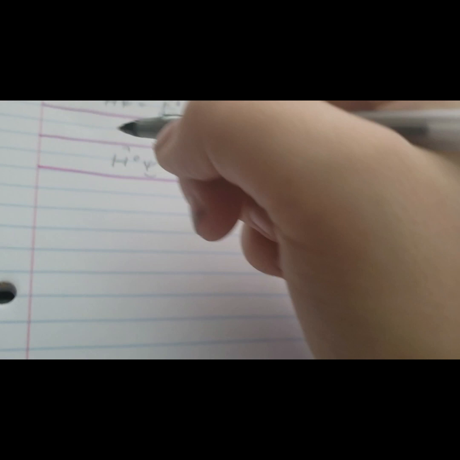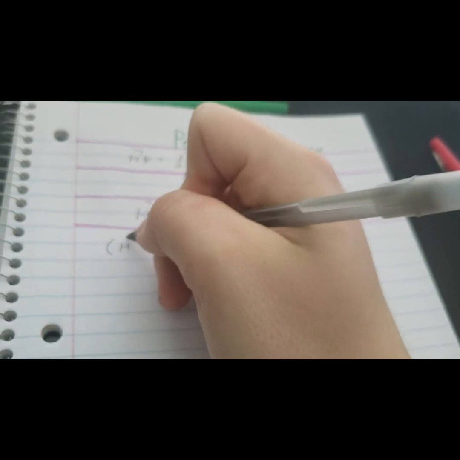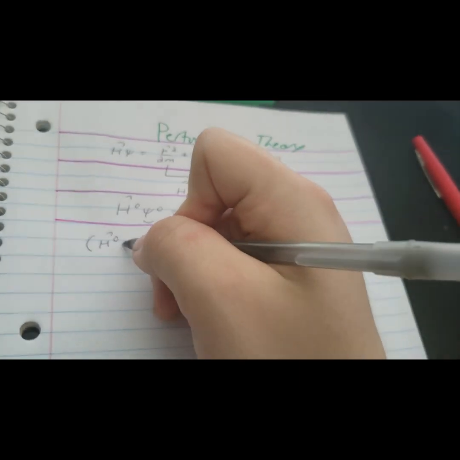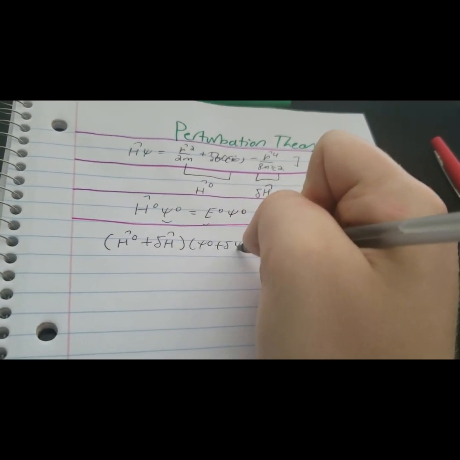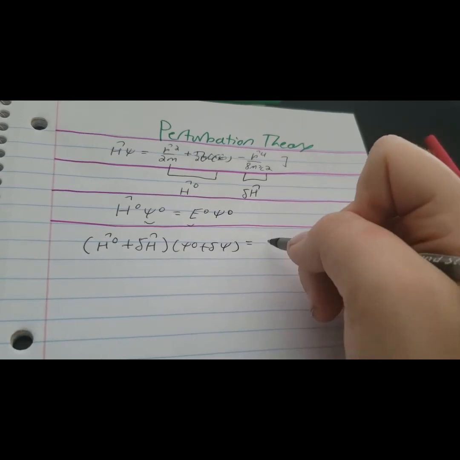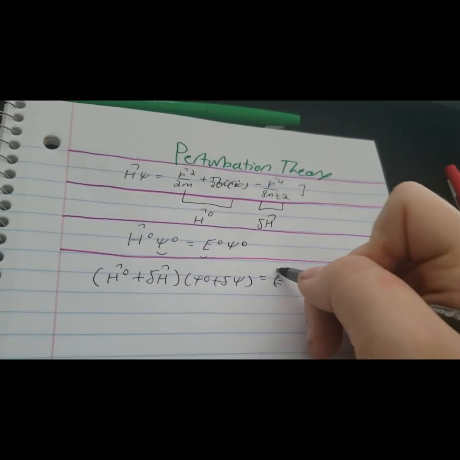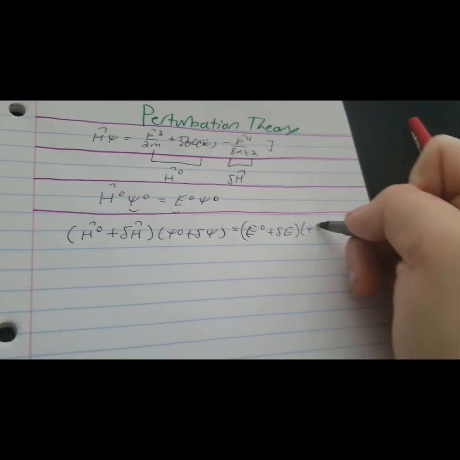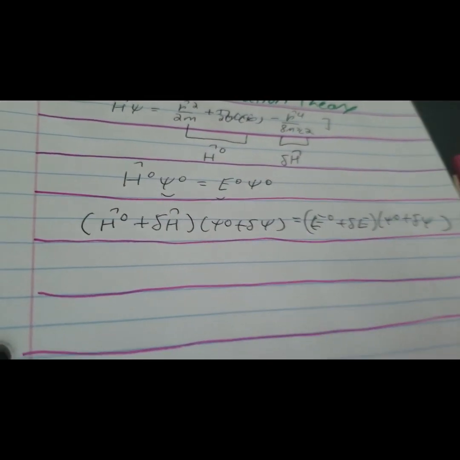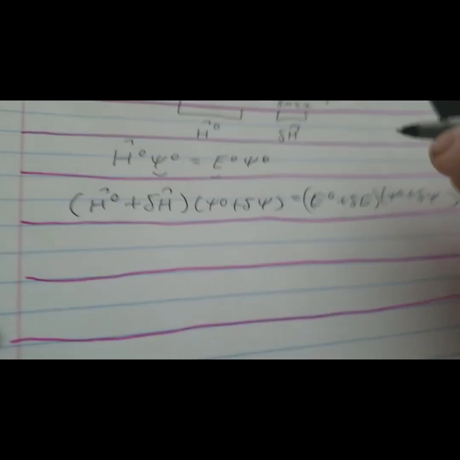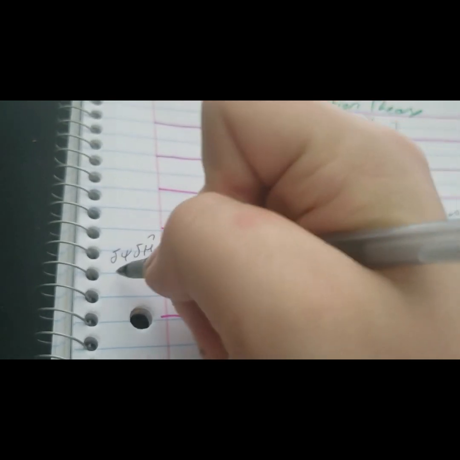We can describe our new equation as unperturbed plus perturbation, unperturbed plus perturbation equals... Now we're only going to consider first order products, like terms such as those will go to 0.